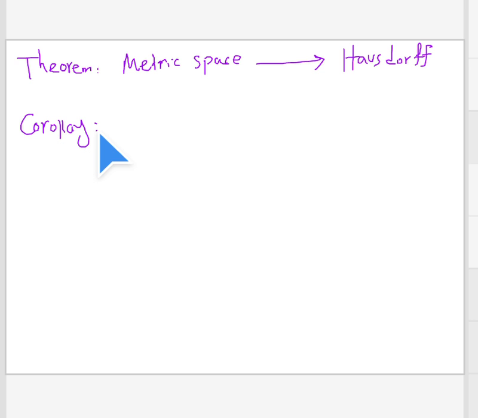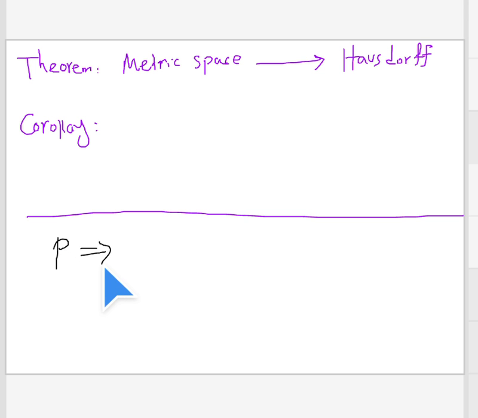In logic, contrapositive: P then Q is equal to not Q then not P. Okay?